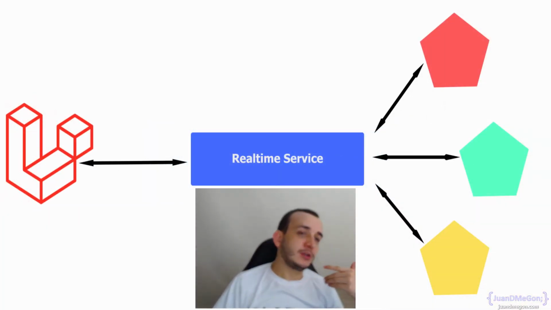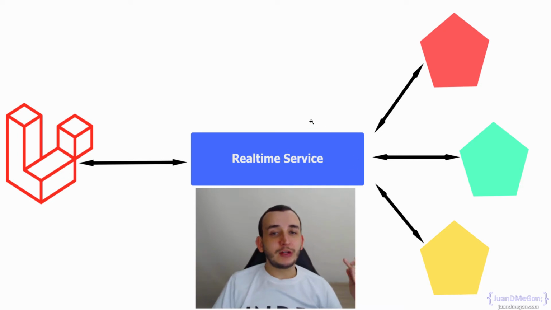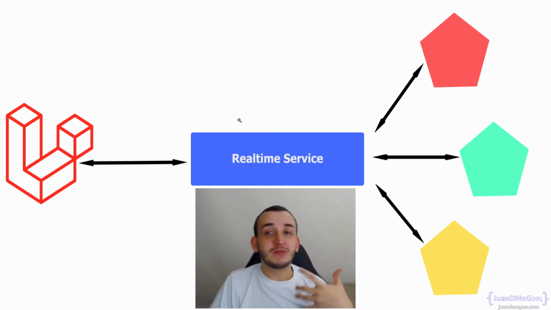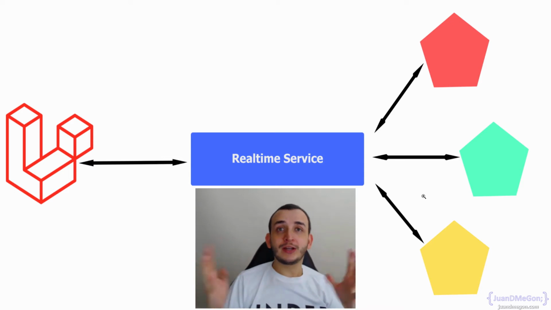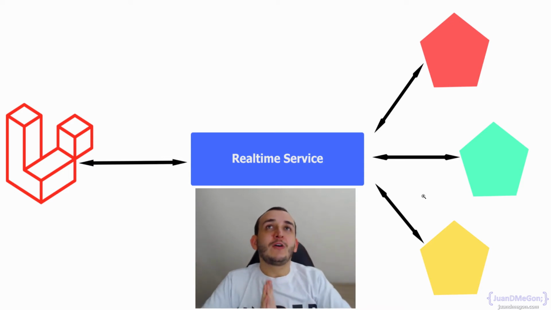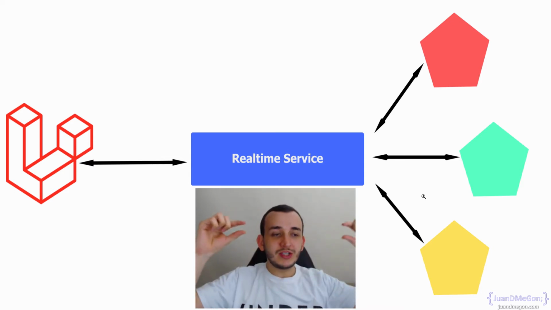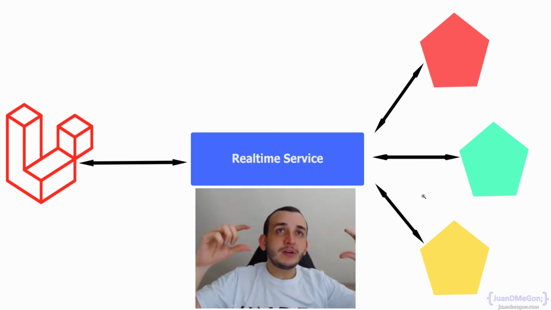We have Laravel on one side, and we have a real-time service, or let's say a real-time server, and then we have several entities, like clients, connected to that real-time server using WebSockets. A WebSocket is basically a connection that is completely established in real time and never dies.